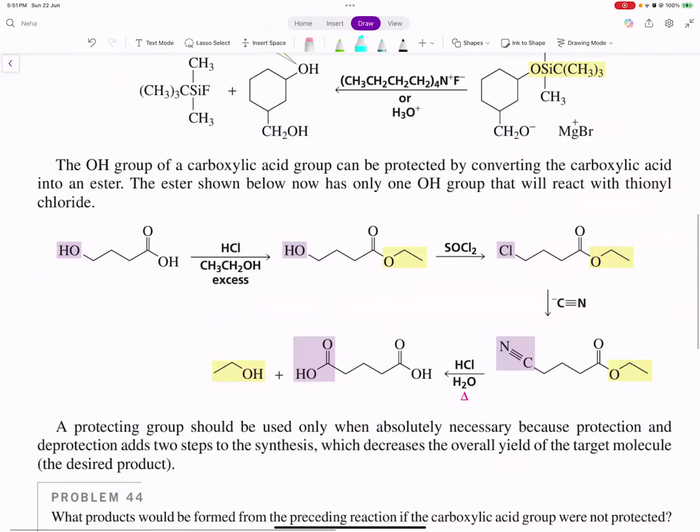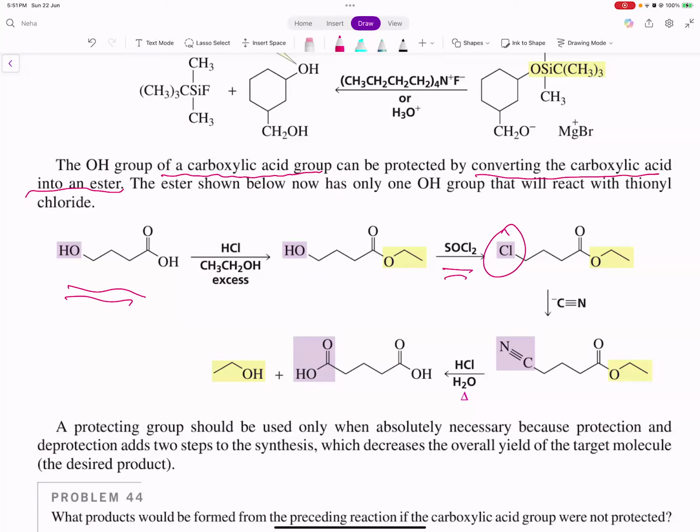For example, this is here. First, we make an ester. Then, when I treat it with SOCl2, only this alcohol OH group will react and will give me Cl, right? Then I can use CN and then open it back.